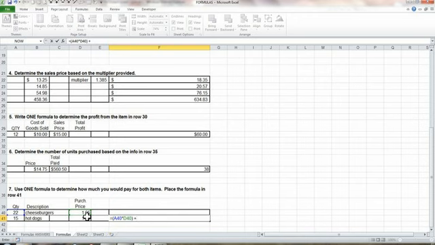Plus, open parenthesis, the 15 hot dogs, multiplied by 1.25, close parenthesis. Hit the check mark, and that is our amount.